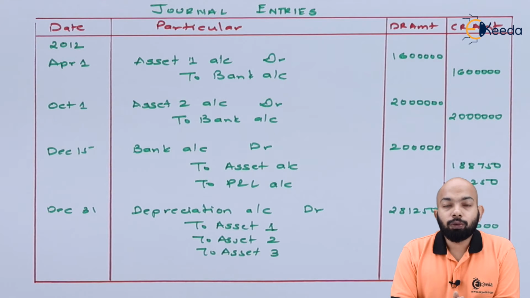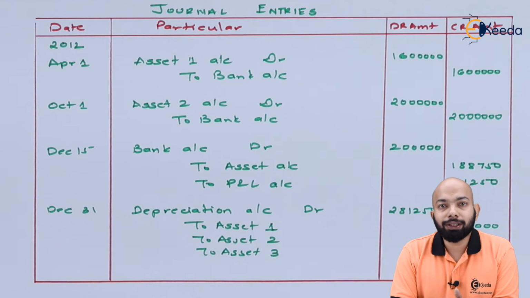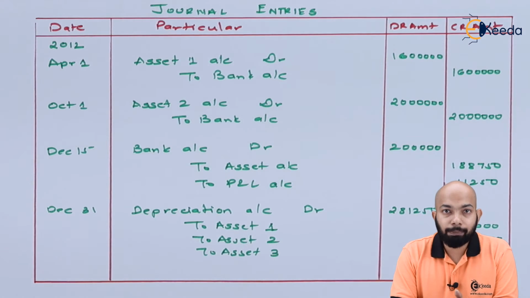So we have prepared the journal entries for this specific problem. The first entry refers to purchase of asset on 1st of April.